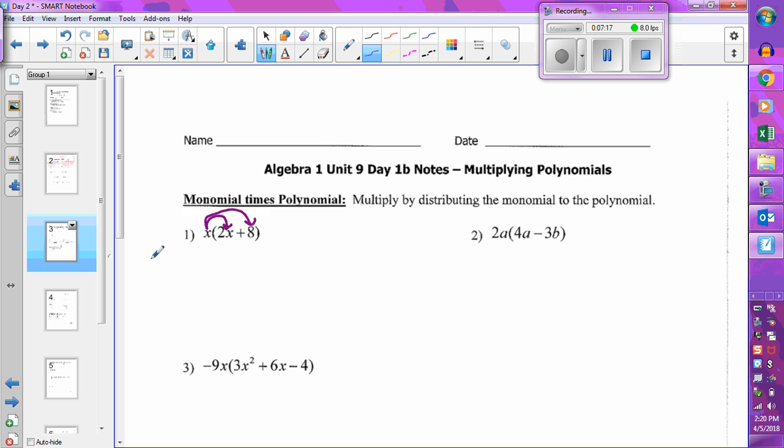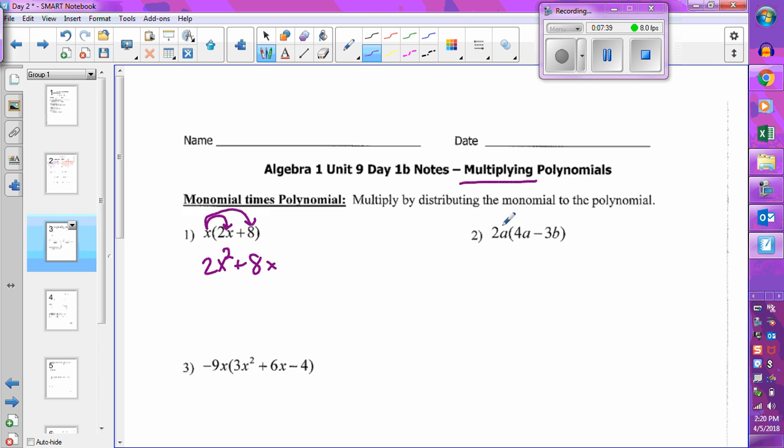If we do that, we're going to get a 2x to the second degree plus 8x. Now remember, we're multiplying. Okay? So we're going to do the same thing here.